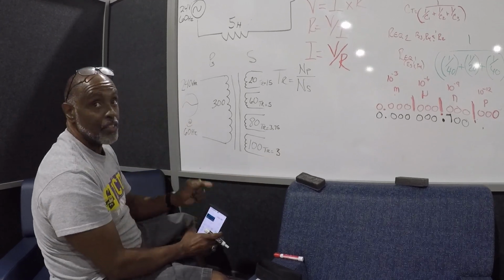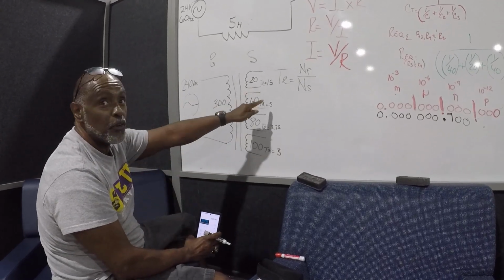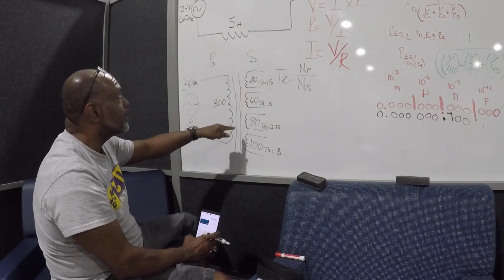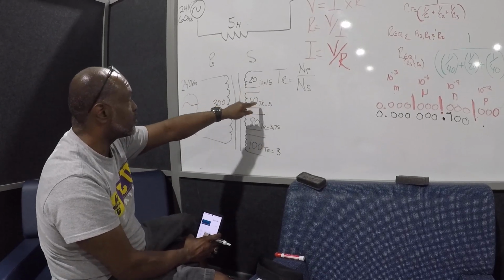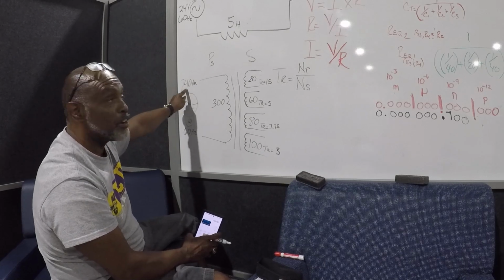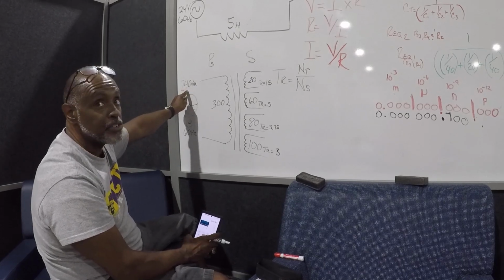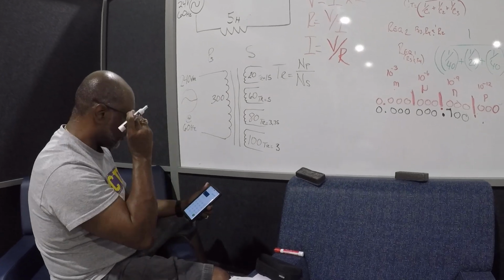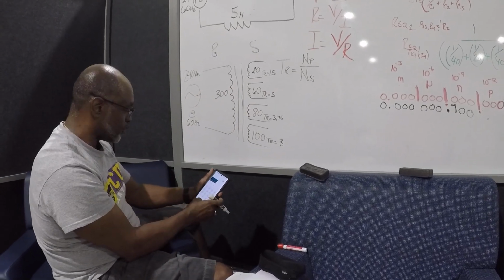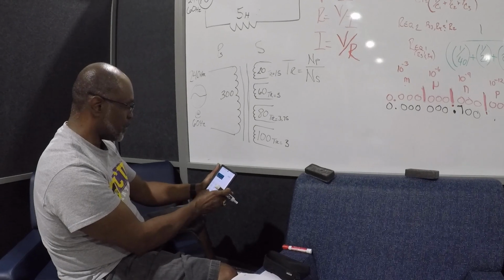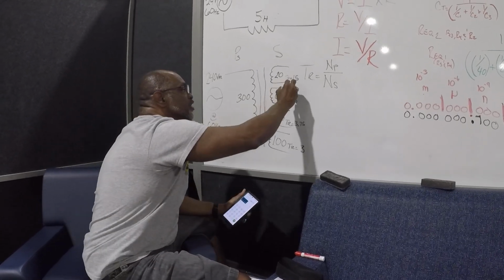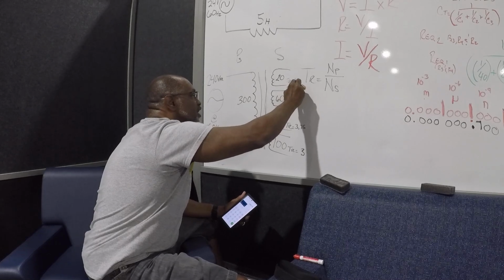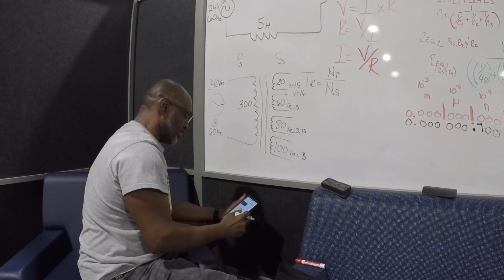Okay. So that's step one, to solve for our turn ratio. That's easy. So then the next thing that we do is we take our primary voltage, 240, and we divide it by the turn ratio. So we have 240 volts, and we divide that by 15. That gives us a voltage of 16.